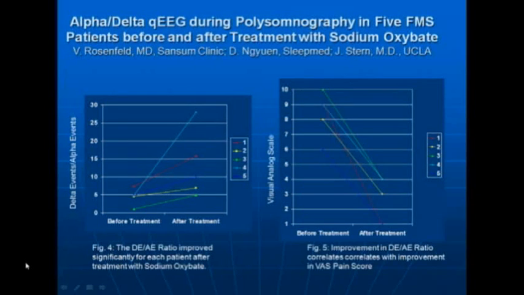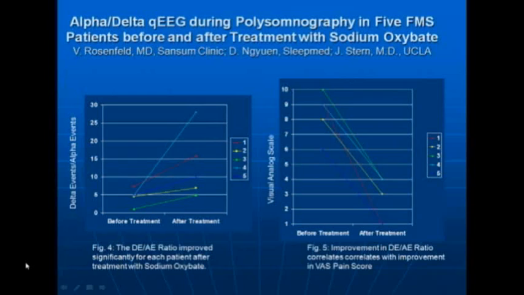But because we know that patients with fibromyalgia have this alpha-delta sleep and they have a lack of deep sleep, what we did is experiment with a medication called sodium oxybate. It's an experimental medication which is actually FDA approved for narcolepsy, but it improves deep sleep and reduces alpha wave intrusion.